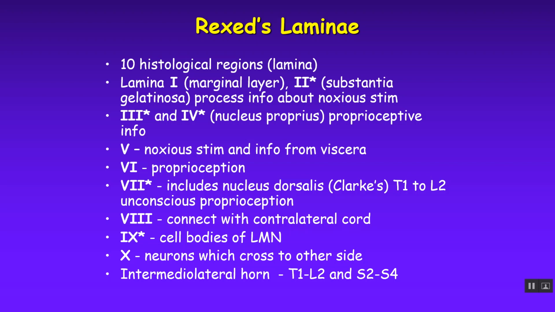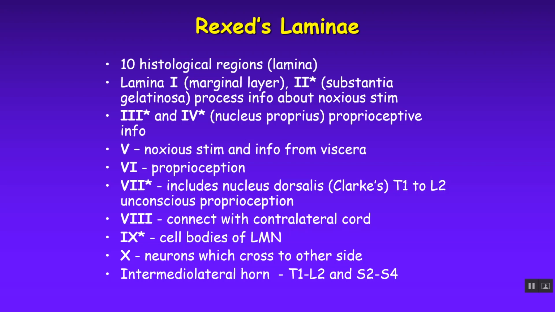Laminae 3 and 4, also known as the nucleus proprius, get some collaterals delivering proprioceptive information. Lamina 5 has some noxious stimulation information from the viscera. Lamina 6 also does some proprioception processing.